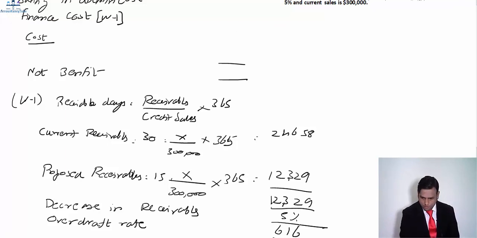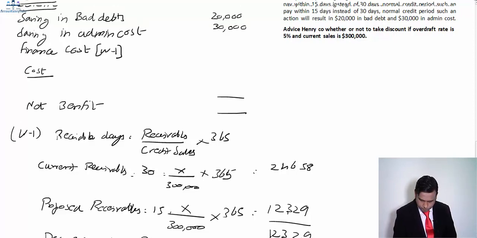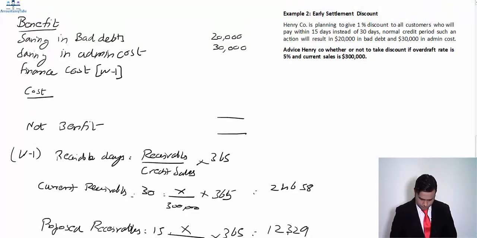So, getting back to the example, the finance cost saving is 616.